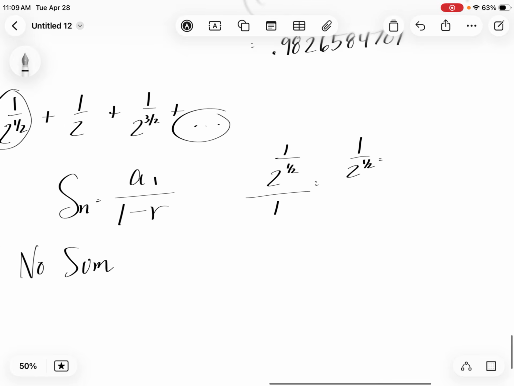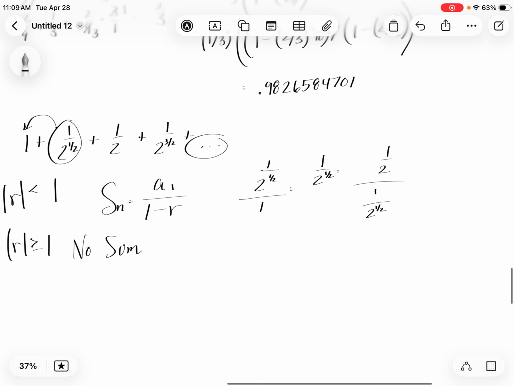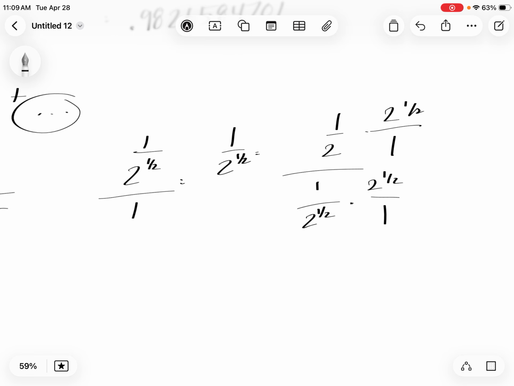If I take the next ones, just to verify, this divided by this, okay, and then I'd multiply by the reciprocal. And if you remember, that's not 2 1/2, that's 2 to the half. If you think about things like exponents, this is a 1, this is a 1/2. Who has more, top or bottom?